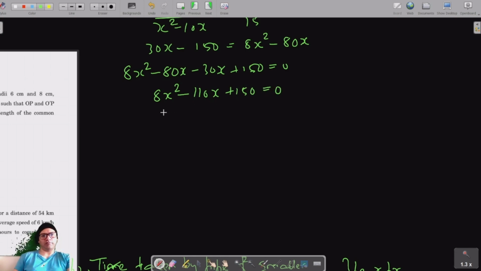Taking 2 common gives 4x squared minus 55x plus 75 is equal to 0.